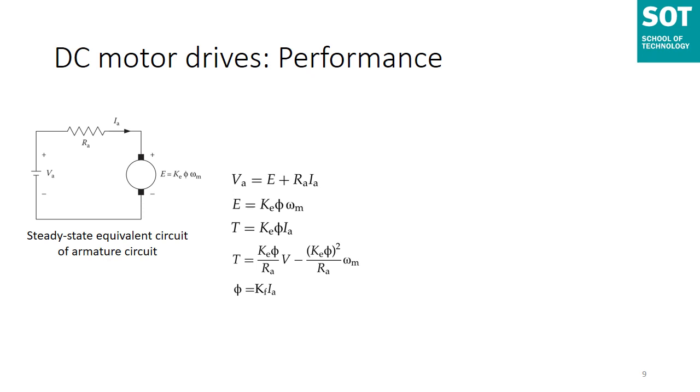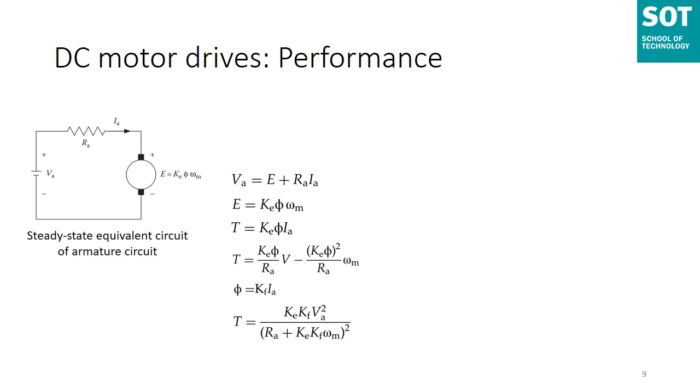Now the flux in the case of a series motor will be a function of armature current. As you can see, phi is equal to Kf into Ia. In an unsaturated region of the magnetization characteristic, phi is presumed proportional to Ia. And using these equations, we can get the expression of torque as this.